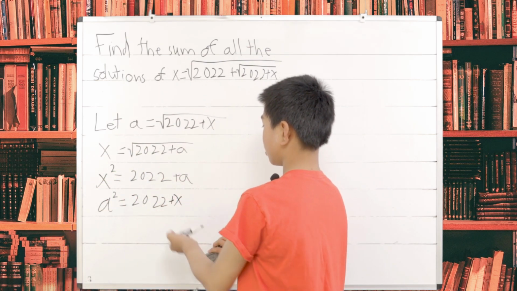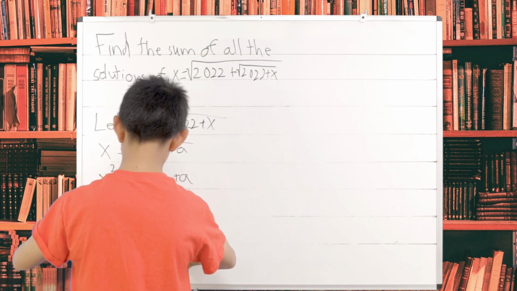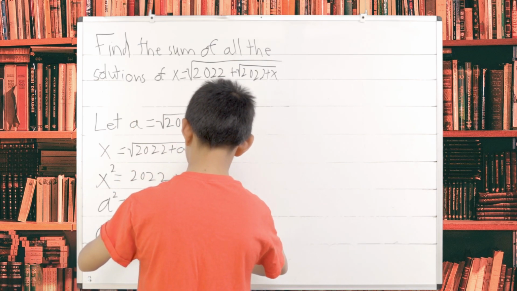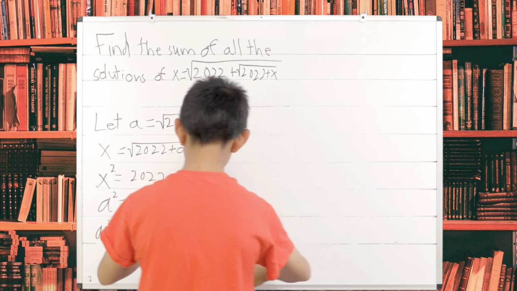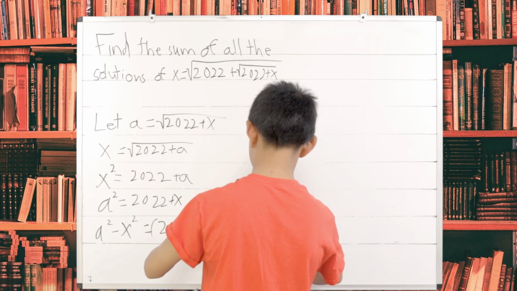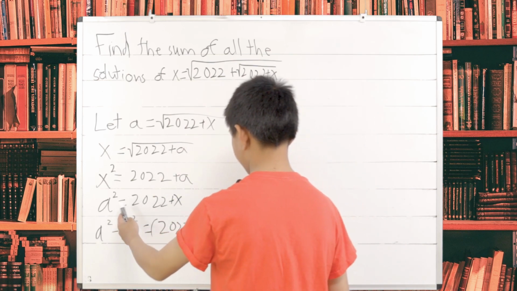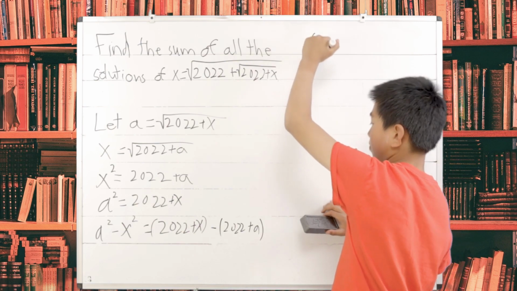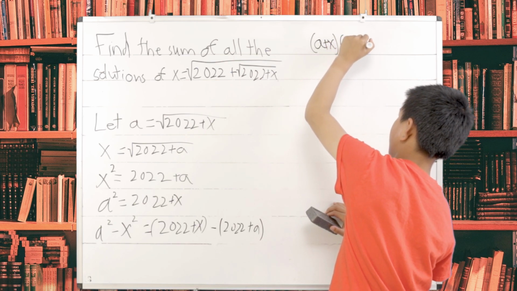Now we subtract the second equation from the first equation. Let's do that. So a squared minus x squared is equal to 2022 plus x minus 2022 plus a. Now, we see something here. This is an a squared minus b squared formula, so we can rewrite it as a plus x times a minus x.